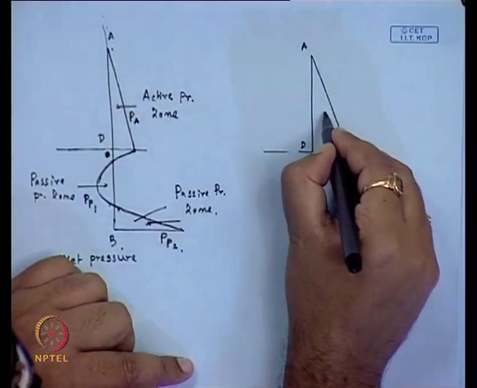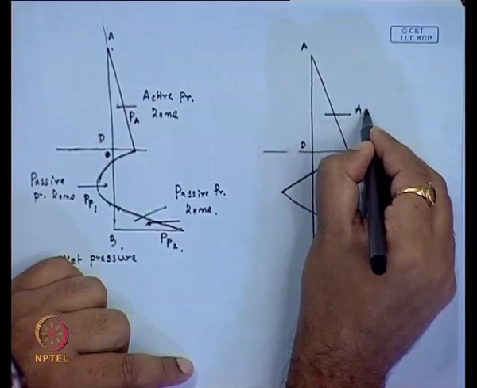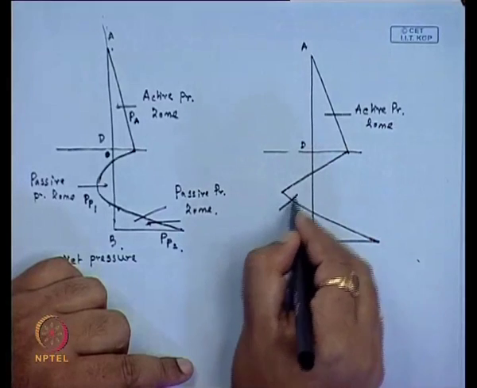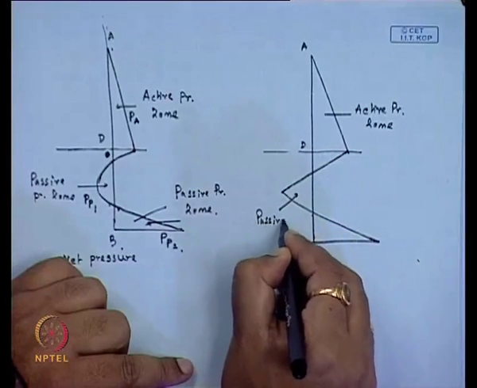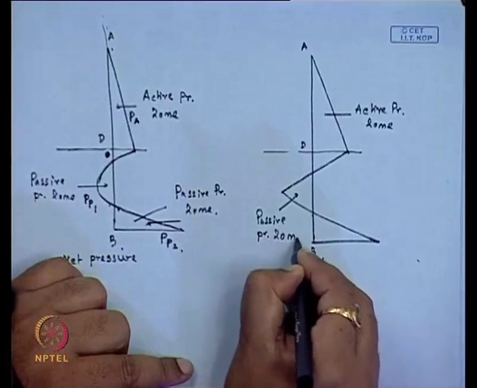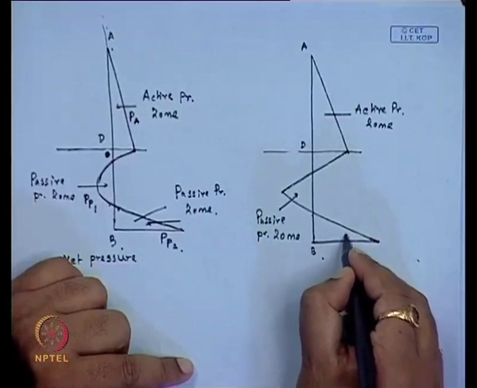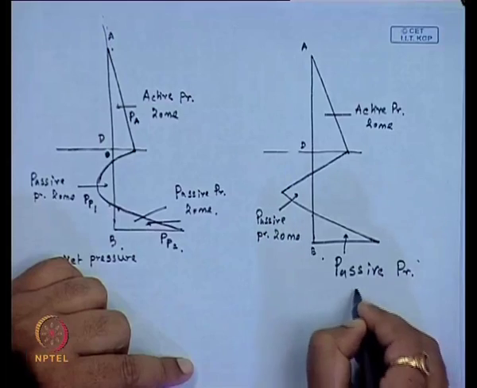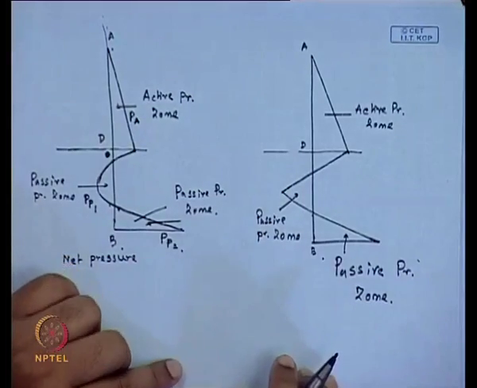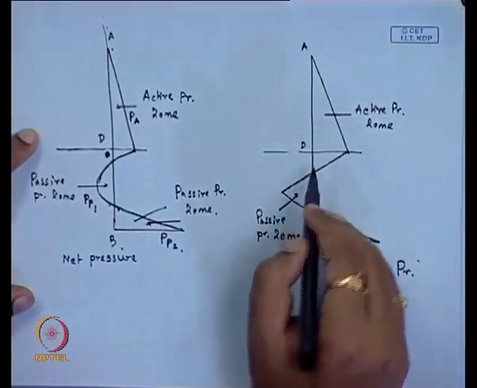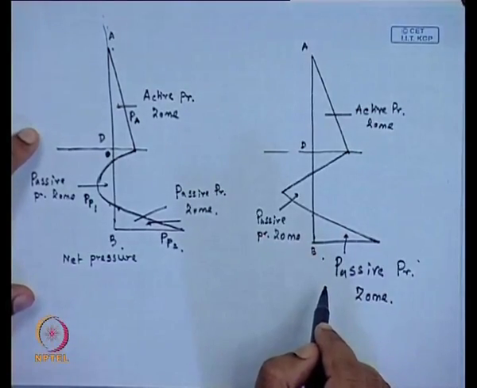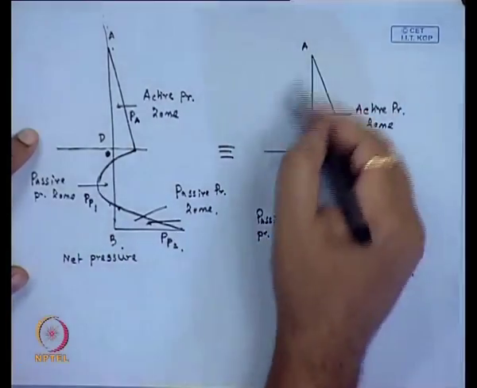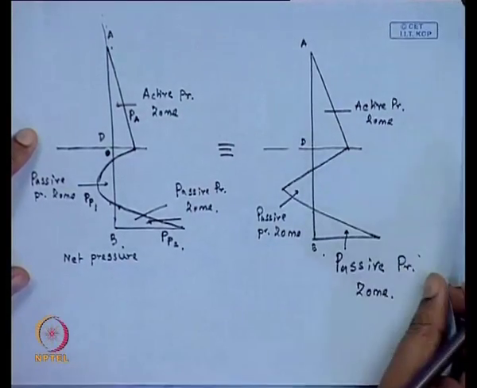So that means here also this is the active pressure zone, this is the passive pressure zone, and this is also a passive pressure zone. So this is the converted net pressure diagram. Now, based on this net pressure diagram, we will do the analysis.